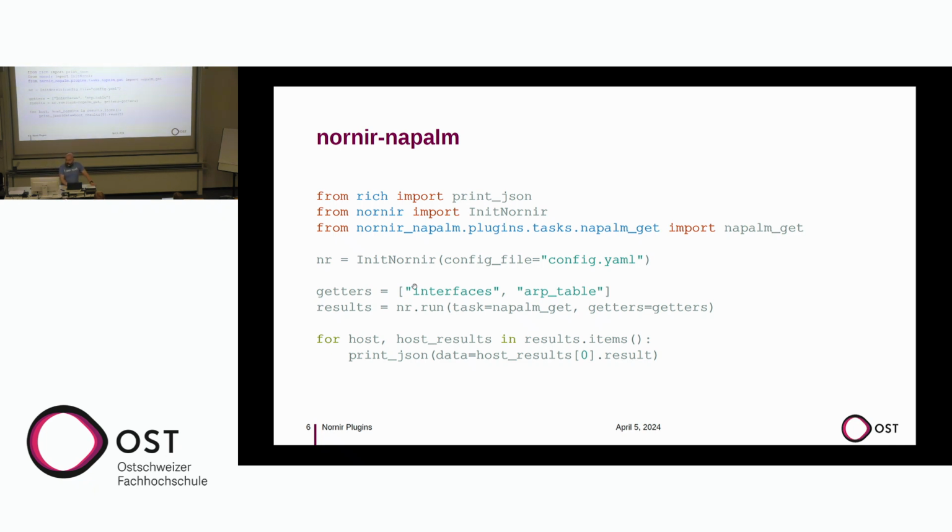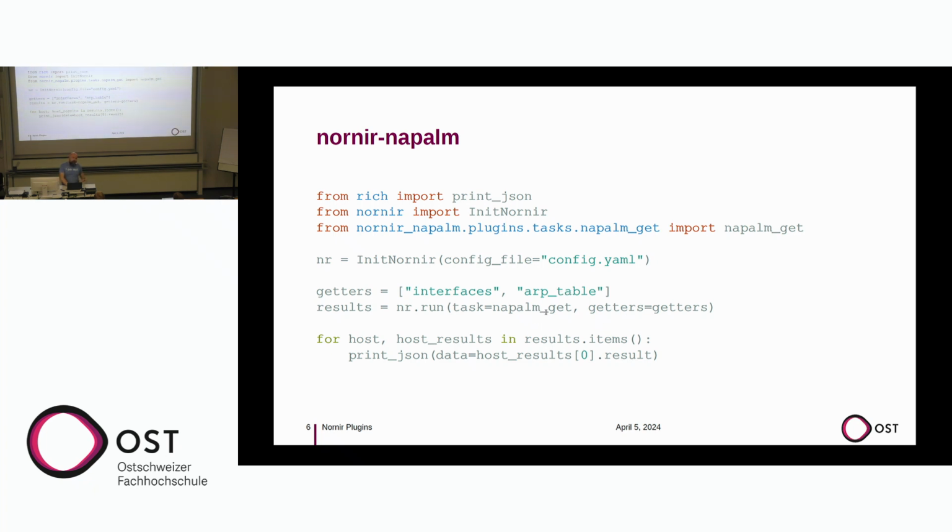We run on all the inventory hosts, in this example, napalm_get, and what is here is more or less just attributes, the property we give to this task. So we are sending interfaces and ARP table to this task.